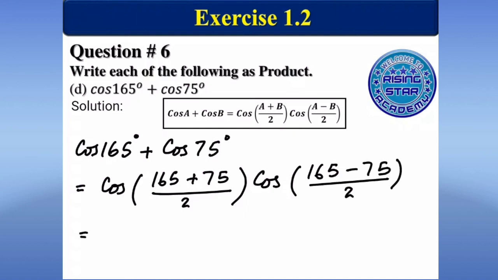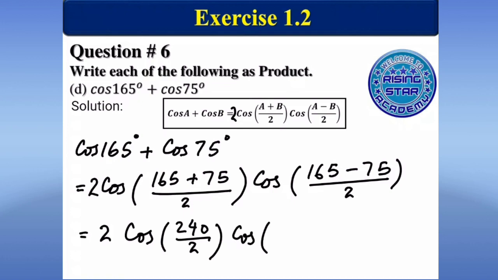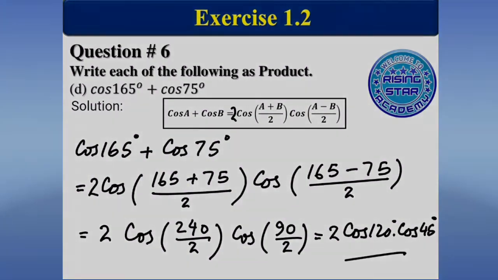So 165 plus 75 would be 240. So that would be 2 cos of 240 over 2, and here I have cos of 90 over 2. After simplifying, we have 2 cos of 120 and cos of 45, and that is our final answer.